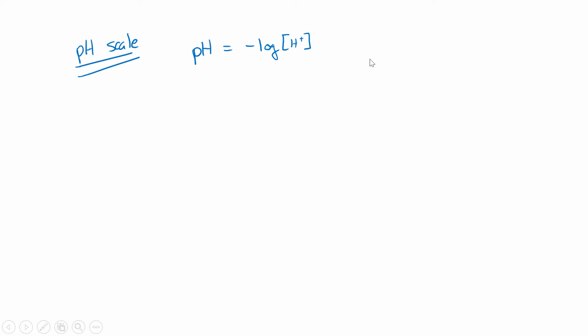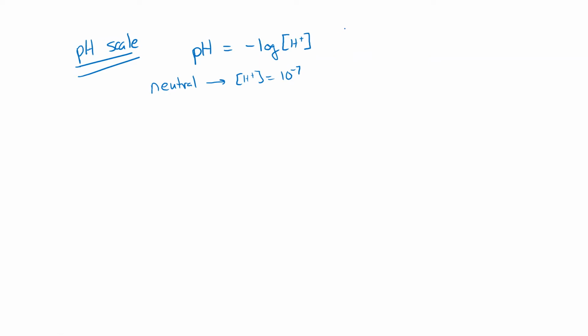So in a neutral solution, remember in the previous video, we figured out that the concentration of H plus equals 1 times 10 to the negative 7th. If we take the negative log of that, because this is log base 10, the log of that value is just going to be the exponent.